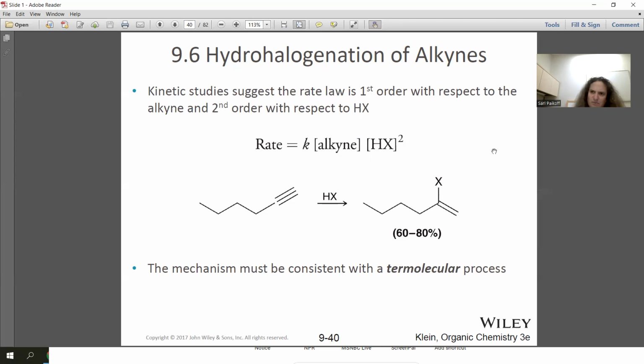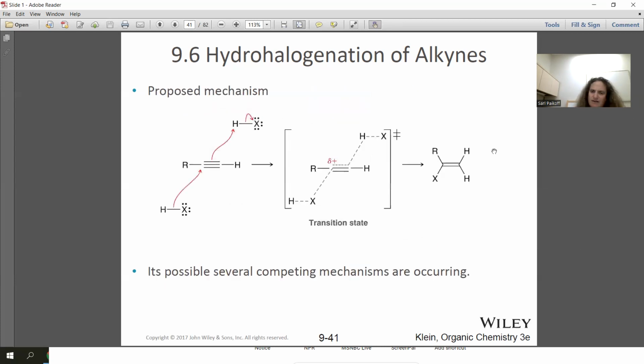In fact, I don't think we're showing many mechanisms for the alkynes, but what you can see, and again, this is a proposed mechanism, is that there's two different acids. One is donating the hydrogen, the other is donating the halogen.